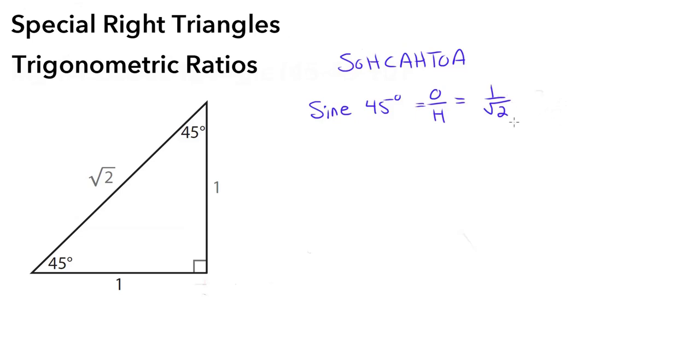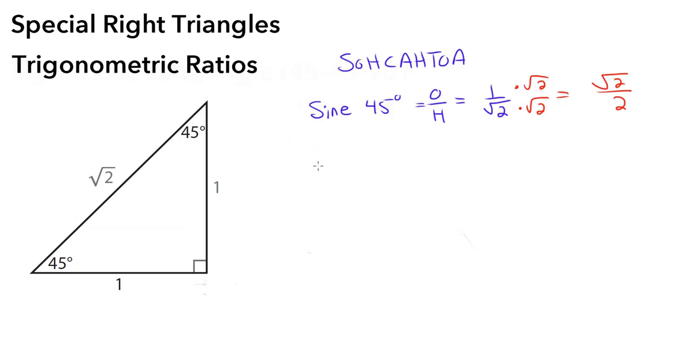Just multiply both parts of the fraction by the radical that's in the denominator. So I'm going to multiply both parts of this fraction by radical 2. And so this becomes 1 times radical 2 is radical 2, and radical 2 times radical 2 is 2. So the sine of the 45-degree angle is radical 2 over 2.